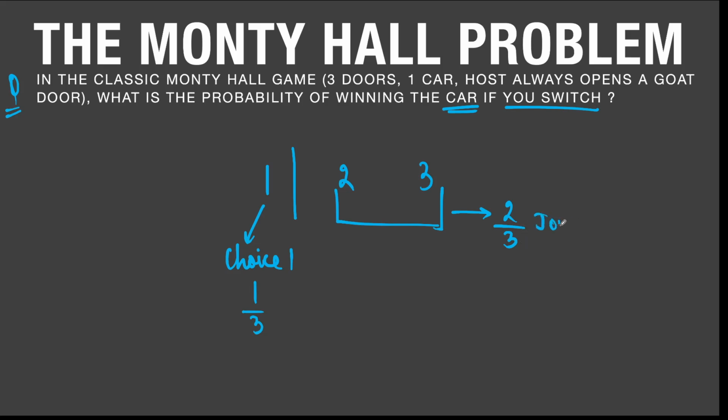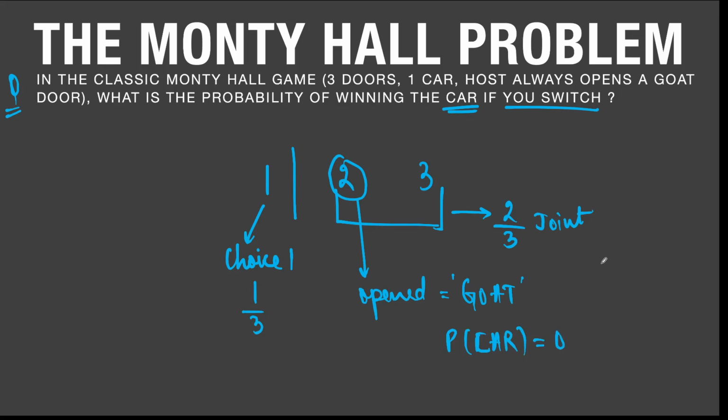The second door is open, and the probability of getting a car there comes out to be 0 because a goat is revealed. So, if the goat is revealed, the probability of getting a car goes down to 0.